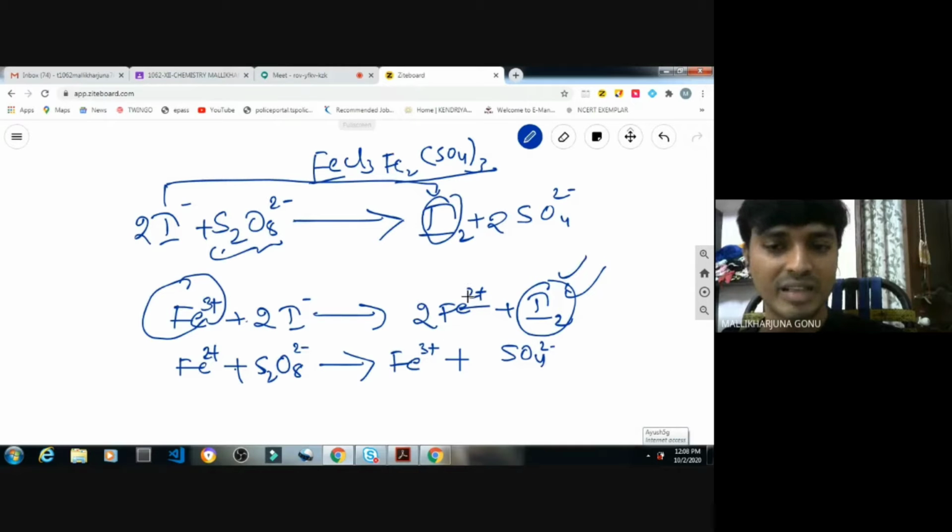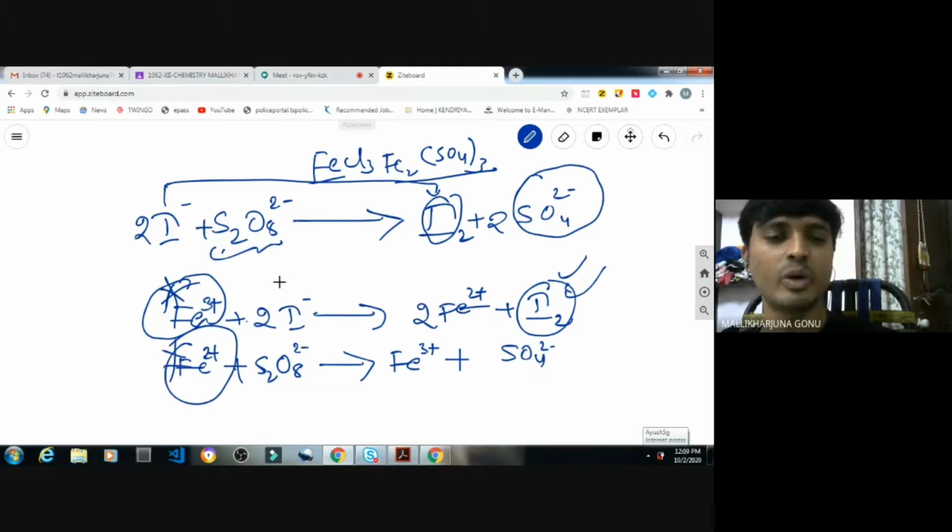Since iron has the capability of different oxidation states, Fe2+ then gives electrons to S2O8 2 minus, converting it to SO4 2 minus. This is the catalyst. Without it, this will not take place.